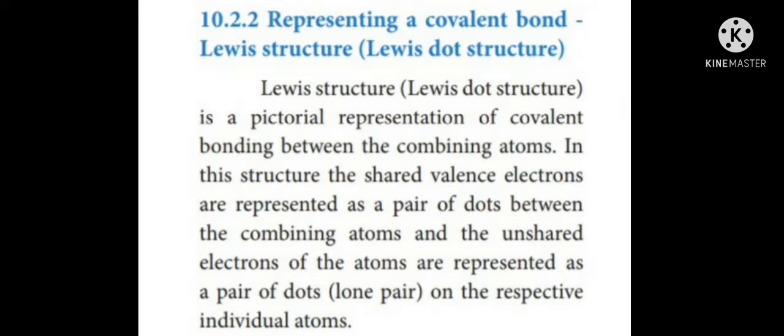Hence, they are represented as a pair of dots between the combining atoms. The unshared valence electrons are otherwise called lone pair electrons, which means the electrons not involved in bonding. Hence, they are represented as a pair of dots on the respective individual atoms.